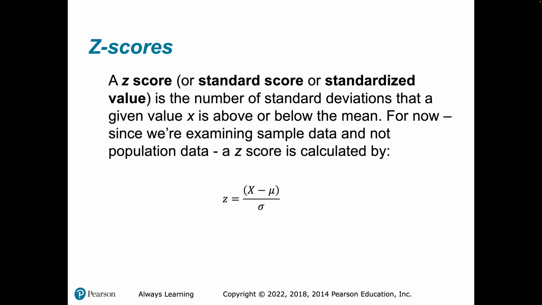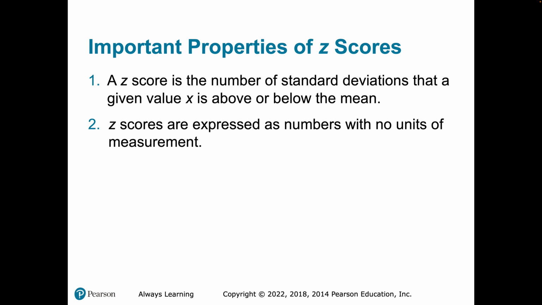The formula is pretty straightforward. We just take the x value, which is the score we wish to calculate the z-score of, subtract the mean from it, and then divide by the standard deviation. This will become much clearer when we start looking at some examples.